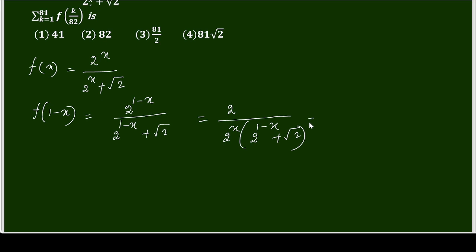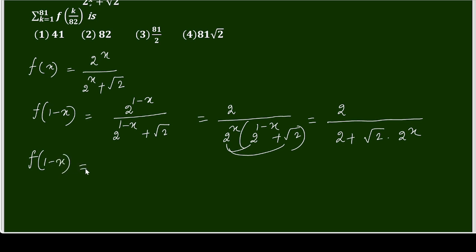On further simplification, I will multiply the denominator with 2 to the power x, then it will be 2 plus square root 2 into 2 to the power x. Now again further simplification, f of 1 minus x can be written as taking root 2 common from both terms in the denominator.